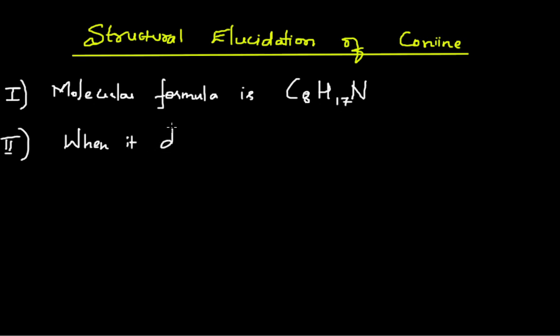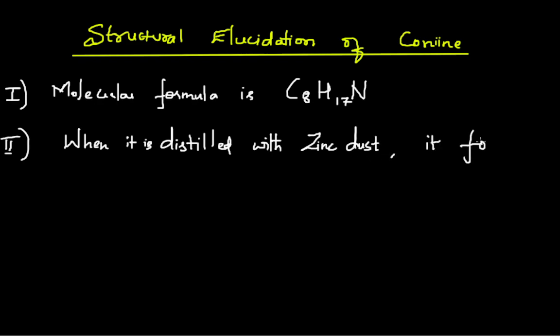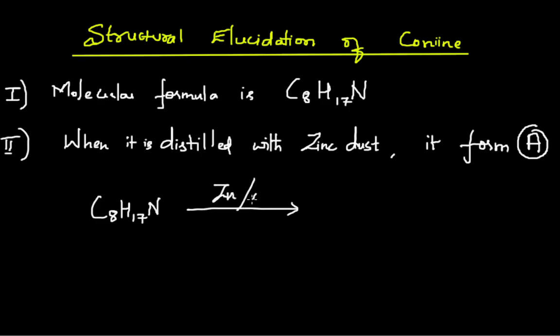When it is distilled with zinc dust, it forms A. So the formula of A is, you have coniine, which is C8H17N, and when you do zinc distillation in the presence of HCl, you get your A. The molecular formula of A is C8H11N, which means 3 hydrogen molecules should have evolved.